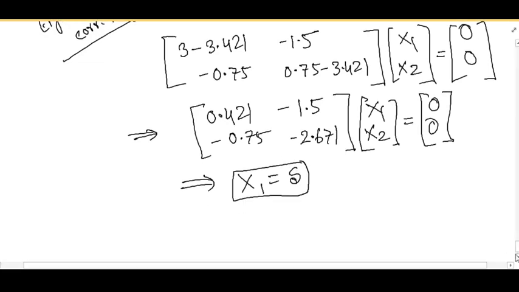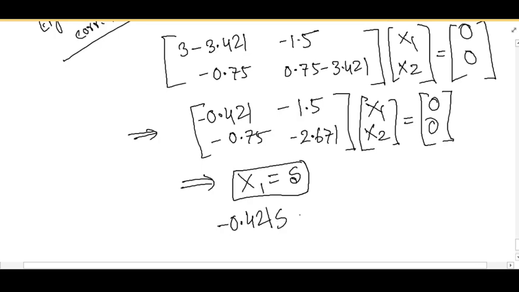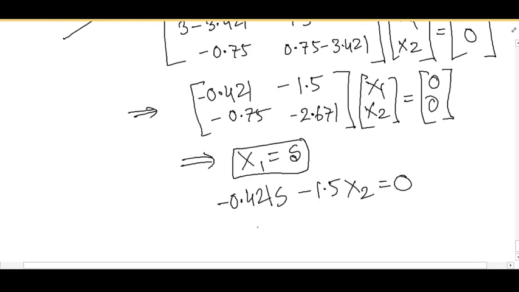So if x1 equals s, it becomes minus 0.421 multiplied by s, minus 1.5 into x2, equal to 0. From this you can get the value of x2 as minus 0.2807 s.